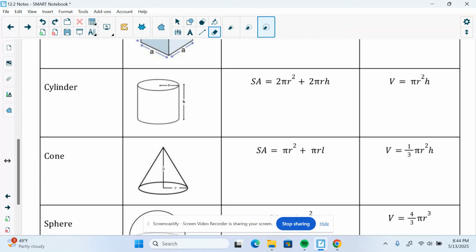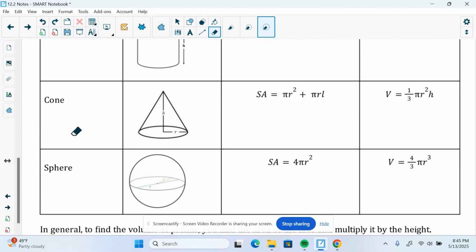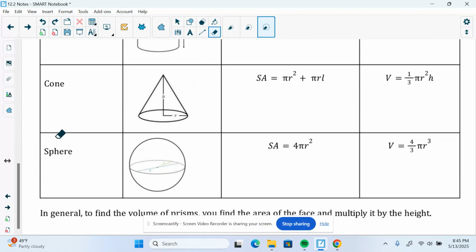And then the side, the curved part, well, I guess it's all curved. The other part is if I, for instance, cut this straight up and down and then unfolded it, that would be a rectangle, and the area of that rectangle would be 2 pi rh. Okay? And in section 12.3, we will do cones and spheres.